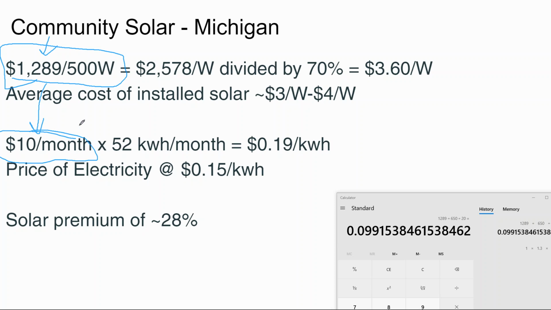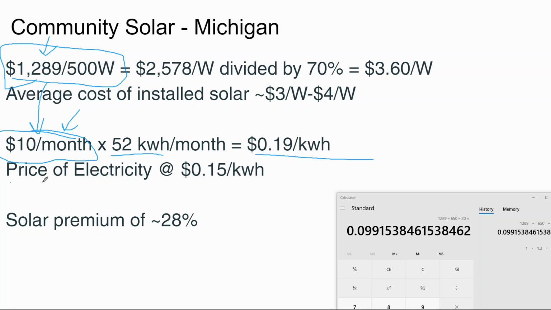Well, okay, so I go for the $10 a month option. And my solar array is producing about 50 kilowatt hours a month of production, 650 for the year, and that comes out to be 19 cents a kilowatt hour.